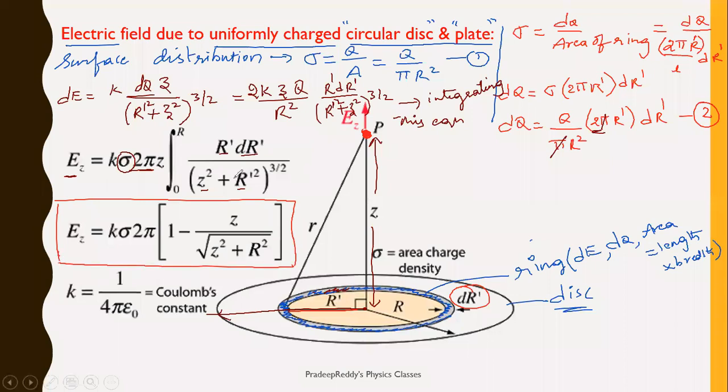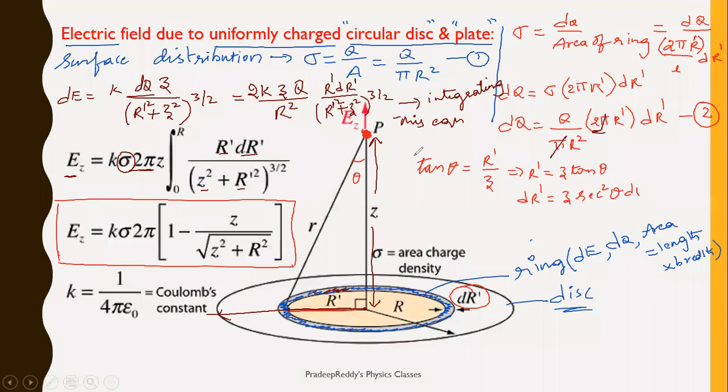Integrating this is the same procedure which we derived for the ring. Just take this angle theta, take tan theta. Tan theta is equal to the opposite side, r dash, divided by the adjacent side, z. This gives r dash is equal to z tan theta. And dr dash is equal to z sec square theta d theta.